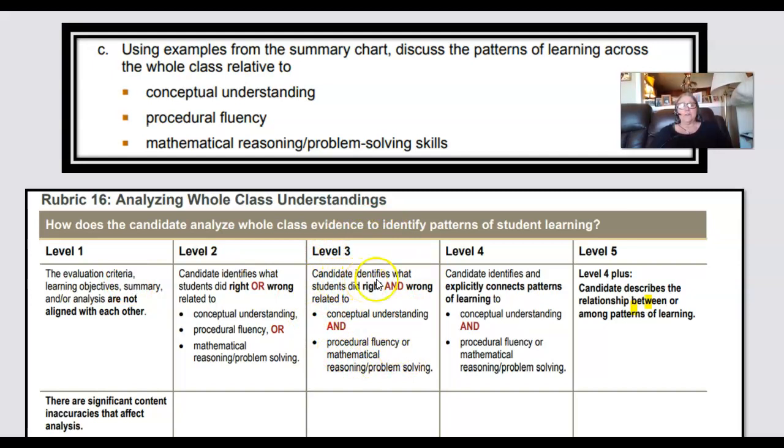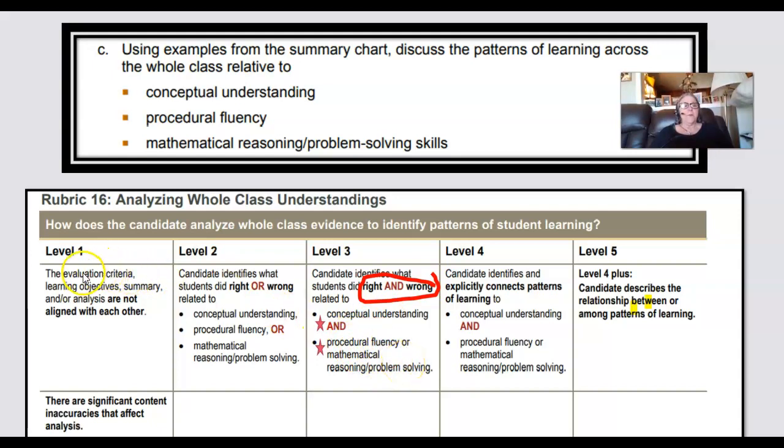Here you want to make sure that you're identifying what students did right and wrong, and you want to make sure that you're doing this in terms of conceptual understanding and procedural fluency or mathematical reasoning and problem solving. So you don't have to do all 3 in your analysis, but you have to have conceptual understanding and you have to have one of these other 2.